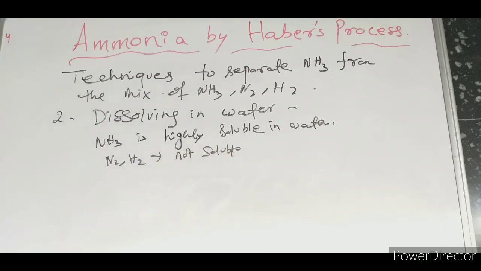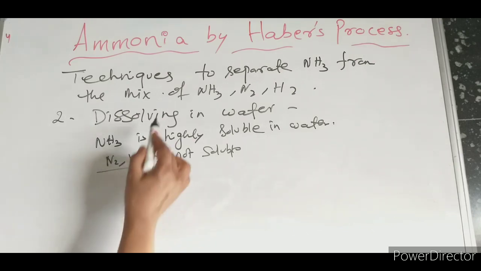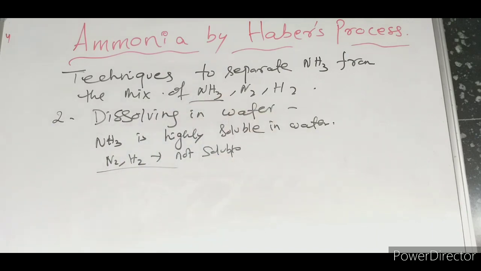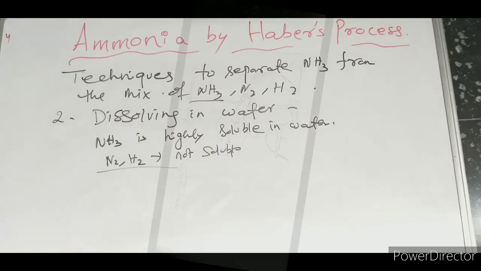So ammonia dissolves and the nitrogen and hydrogen can be taken out. So the question: name two methods by which ammonia can be separated from the mixture of nitrogen and hydrogen. The first is liquefaction, the second is dissolving in water.